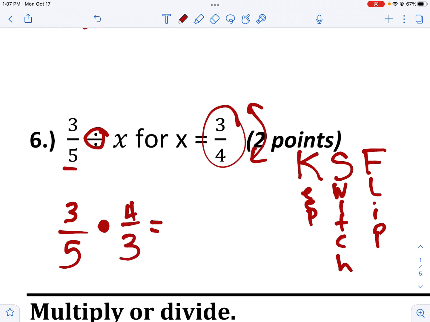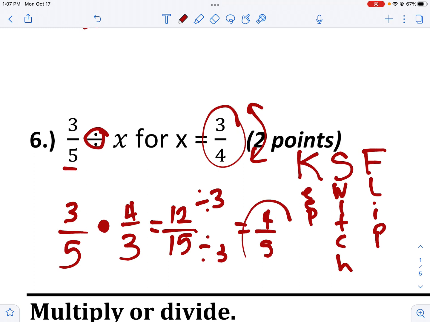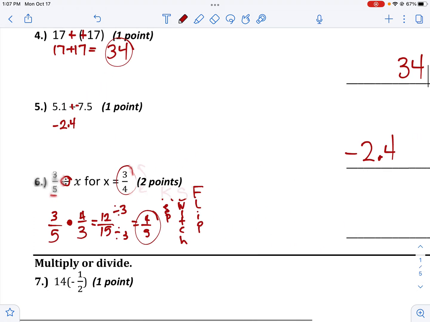And we'll go ahead and now multiply straight across. We should have 12 over 15. And then we always have to think, can we divide and reduce the fraction? And we can divide a 3 out and get 4 over 5. So our final answer is 4 divided by 5, or 4/5.